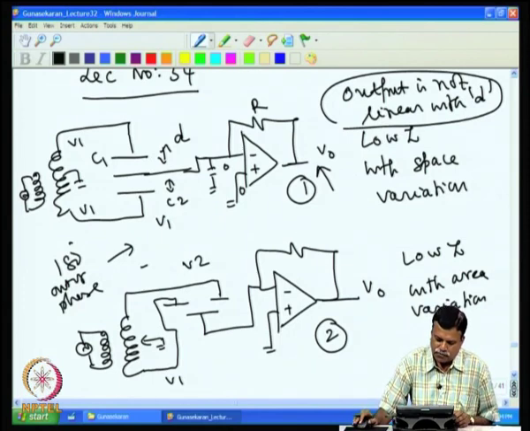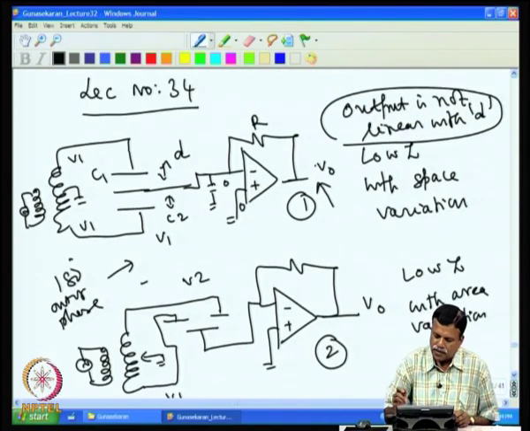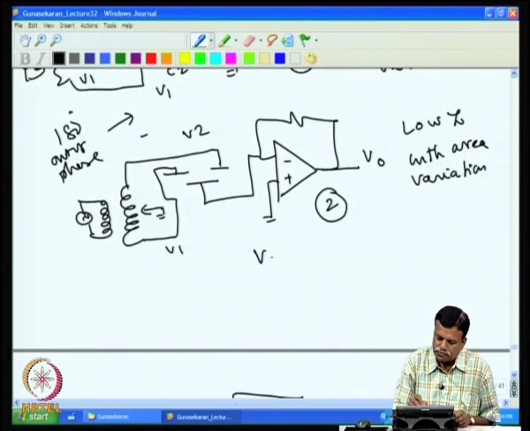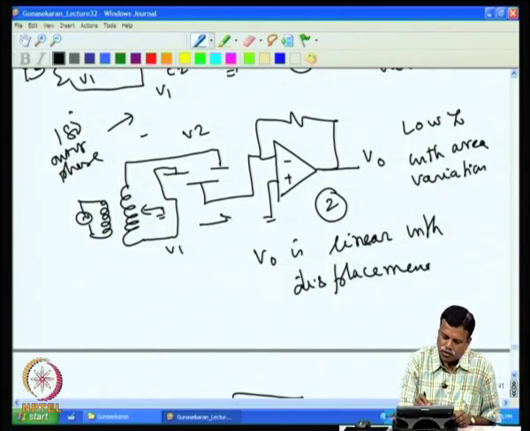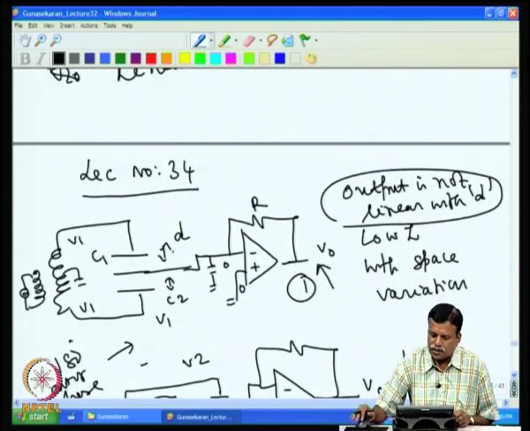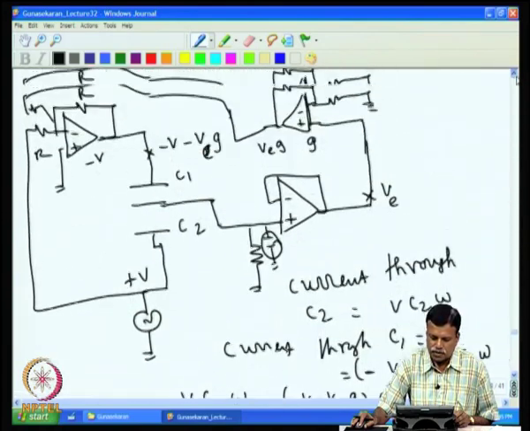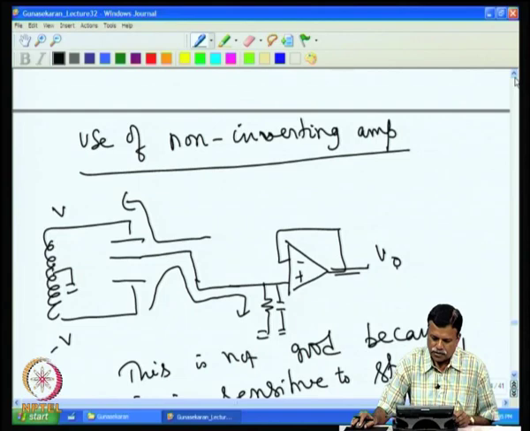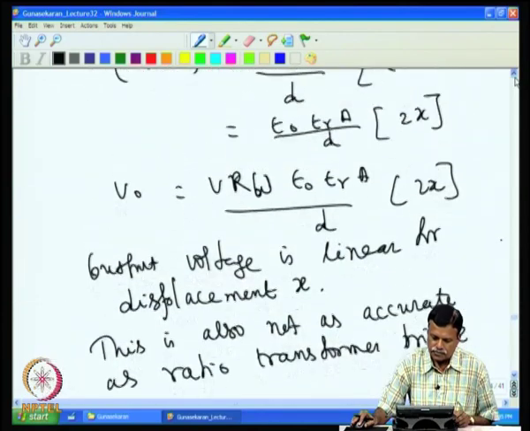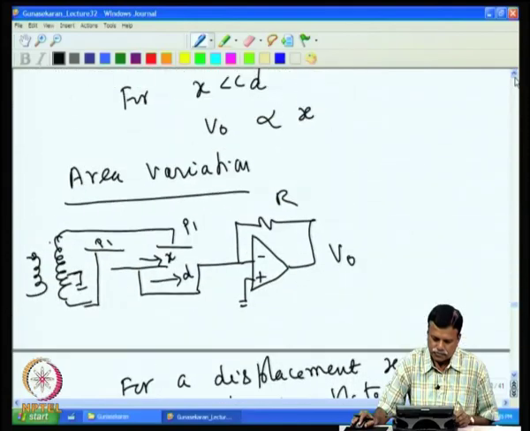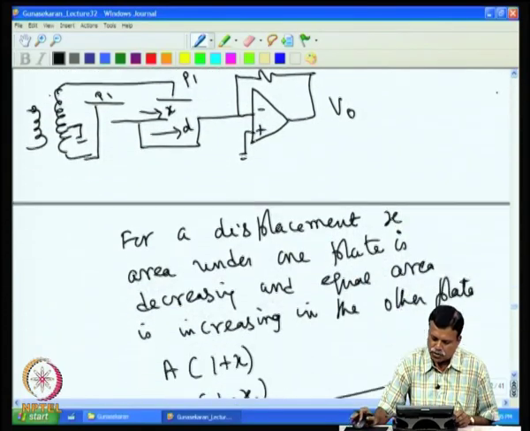Now, the same amplifier, if I take low Z with area variation, this circuit is linear, V0 is linear with area, with displacement, because we are moving the core like this. I think we have not shown this equation in the last class. Let me see what we had done in the previous class, whether it was derived or not. Area variation we had shown.